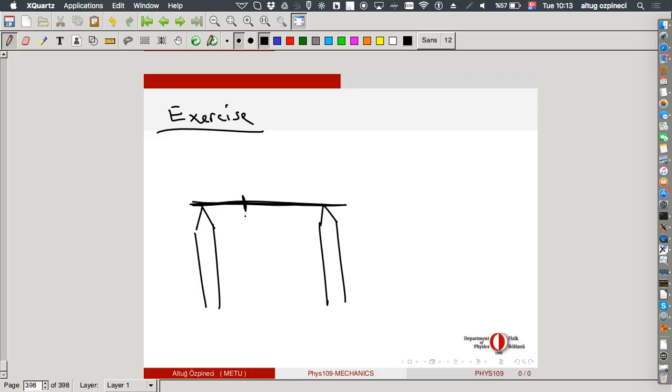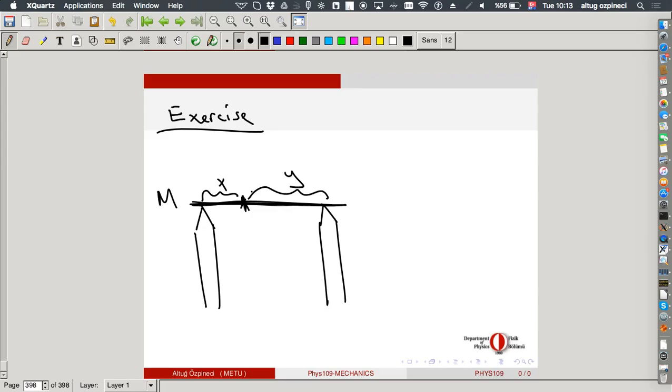So let's just imagine that this is my center of mass. It is at a distance x from one end and y from the other end. The whole thing has a mass m. Now, what are the forces?